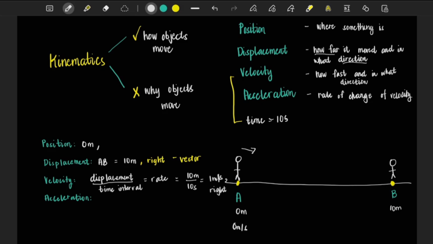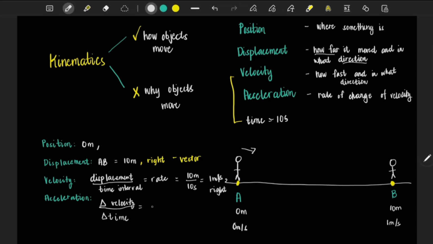And upon passing to point B, its velocity is 1 meter per second to the right. Then, the acceleration of this person would be the change in velocity over the change in time.